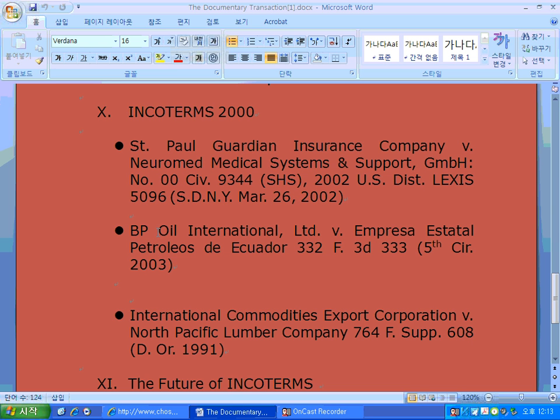The second case and third case involve the CIF and FOB terms. What is a CIF term? You see in the abbreviation that I is not spirit. I means insurance.